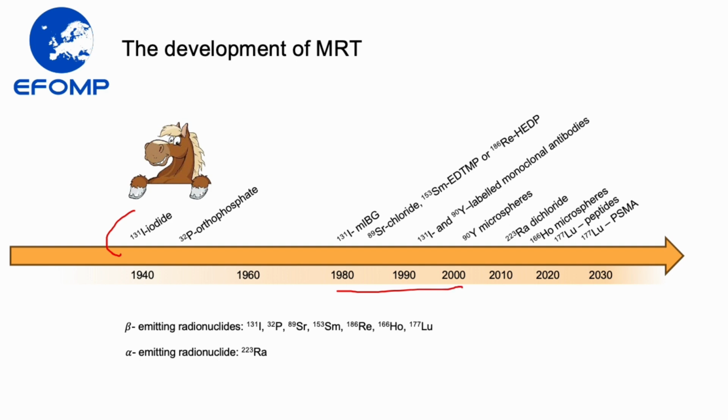But there was also intensive research going on. During the last 20 years, there has been more intensive research, and several radiopharmaceuticals and radioactive compounds have been introduced. And given the current investments in the pharma industry, more are to come.